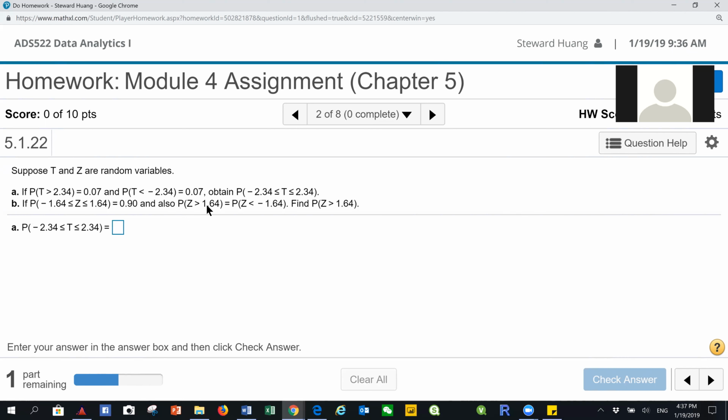The whole thing is 1. 1 minus 0.9 is the two tails, and then you divide the two tails by 2 and that will be the answer.